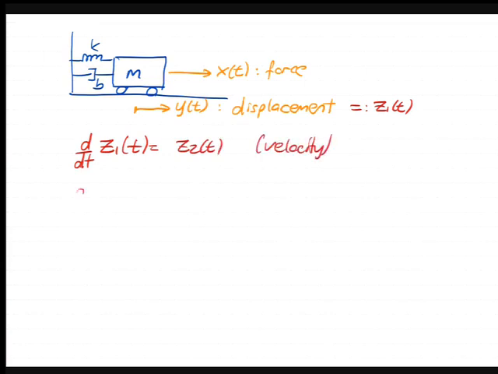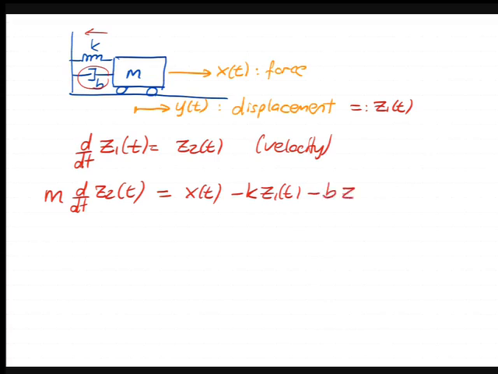And then to find d by dt of z2 of t, of course, the derivative of the velocity is acceleration, and mass times acceleration is the net force, right? So what is the net force? It is x, but then there are some things pushing me back. The first thing that's pushing me back is proportional to the displacement, k times y, and y is z1. And then the damper is also pushing me back proportionally to the velocity itself. So it's going to apply negative b times z2 of t.